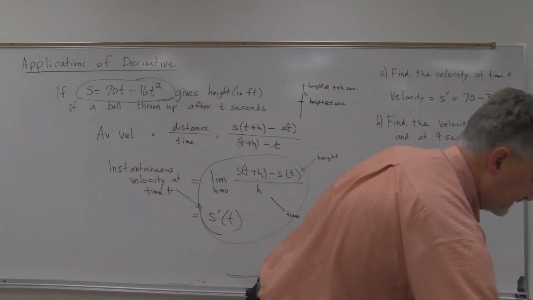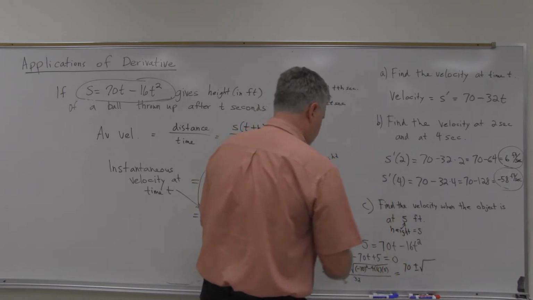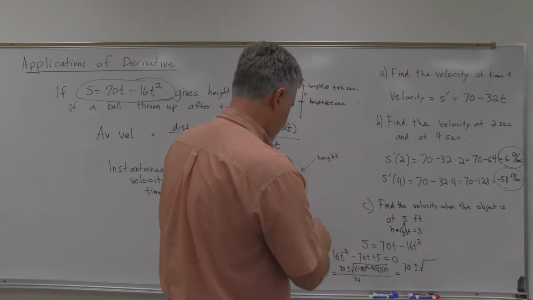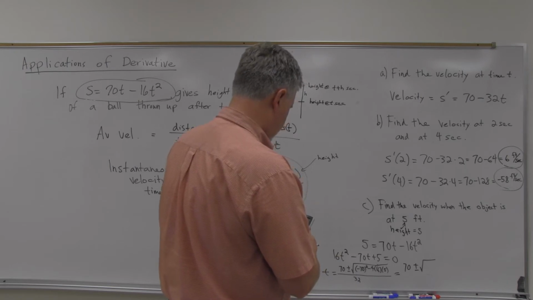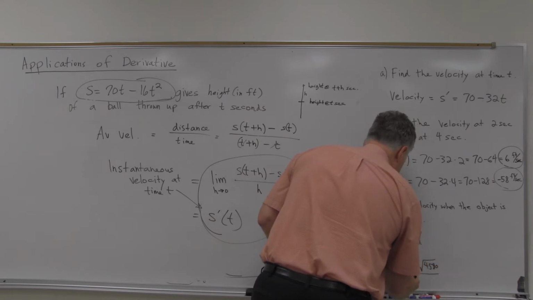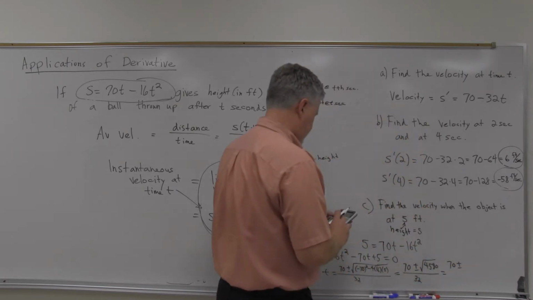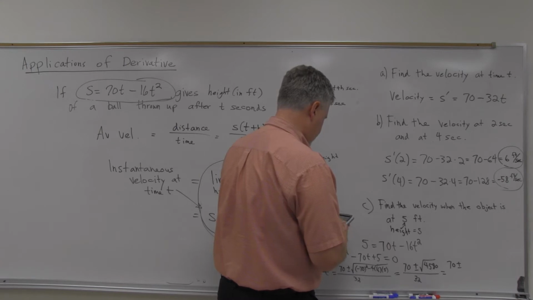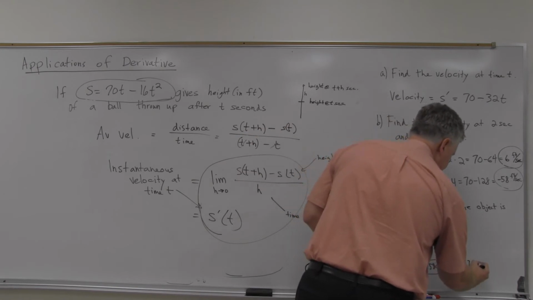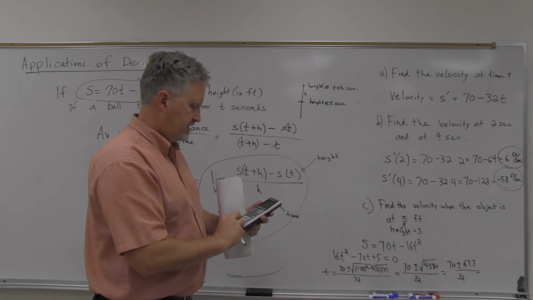All right, so let's see what we get. It gives me 70 plus or minus the square root of 4,900 minus 4 times 16 times 5. Going into the square root, we got 4,580. So we got 70 plus or minus, give or take, let's call it 67.7, divided by 32. So that's going to give you 2 times.